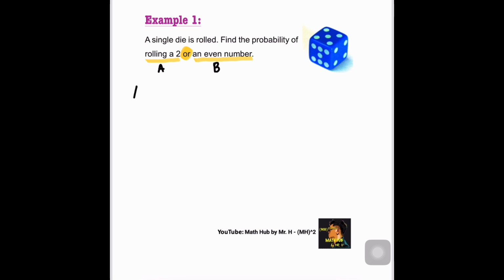All right, so for event A, rolling a 2, there's only one 2, right? Or we can say there's only one side that has these 2 dots, right? So that's it, only 2. And then for the second event, which is event B, we need to list down the even numbers. So from 1 to 6, we have 2, 4, and 6.